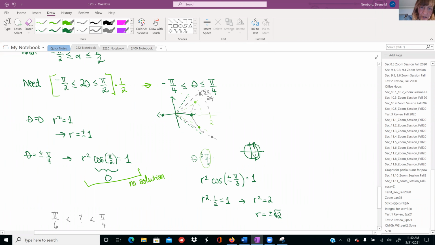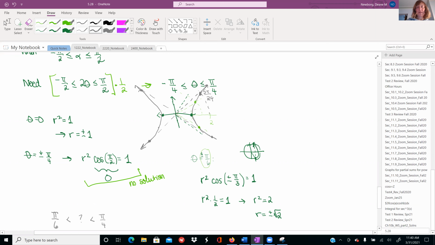Right here. So notice that it's looking a little bit like, if you've done your 10.5, a hyperbola. Oh, and I'm forgetting to plot the negatives, right? So the negatives have to go into the opposite quadrant. So I would get this.